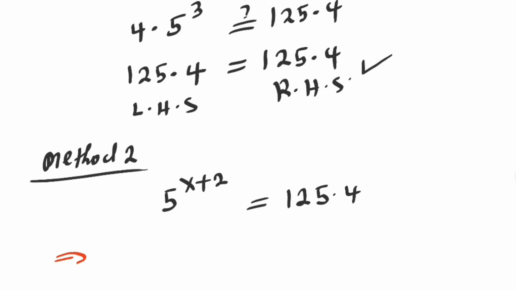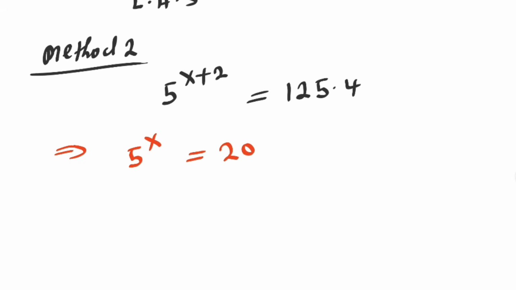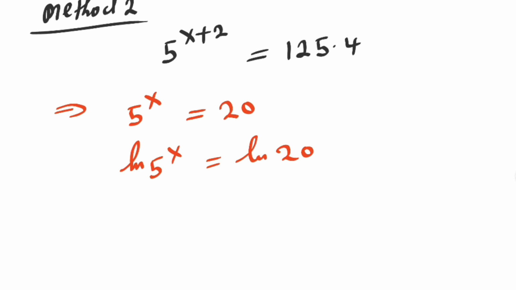This is the same thing as 5 raised to power x is equal to 20. Let us take the natural log on both sides of this equation. ln of 5 raised to power x is equal to ln of 20. x ln of 5 is equal to ln of 20.